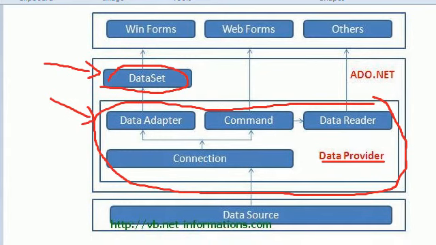We have a dataset, and the data adapter fills the dataset. The data adapter gets the connection, and from the connection connects with the data source. The data adapter can contain commands, and the result of executing the command can be stored in the data reader or in the data adapter, and this data adapter fills the dataset.